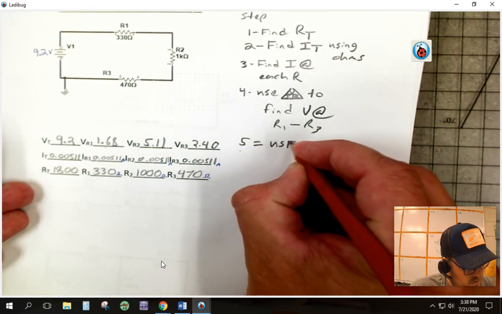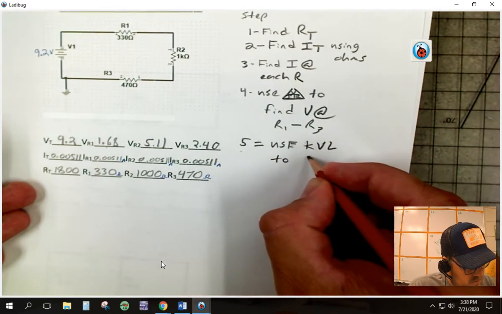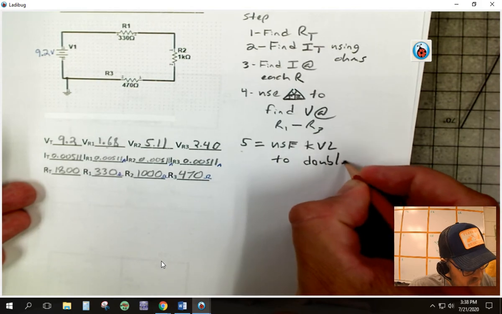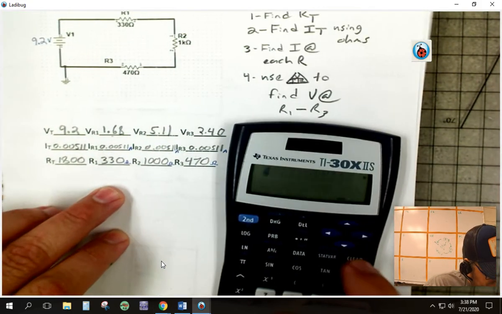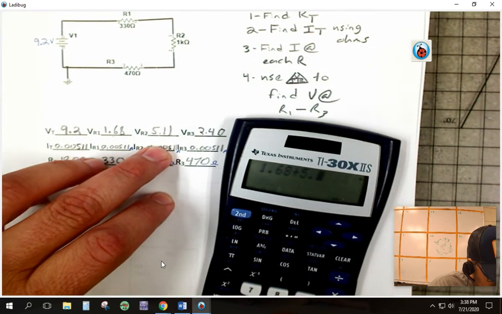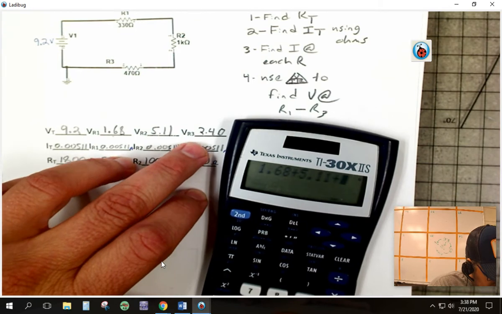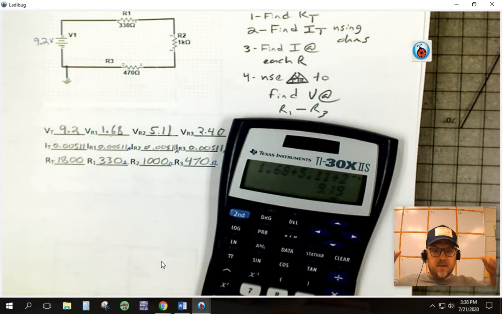Use Kirchhoff's voltage law to double check. So I've got 1.68 plus 5.11 plus 2.4 equals 9.19. That's close to 9.2, and we're done.